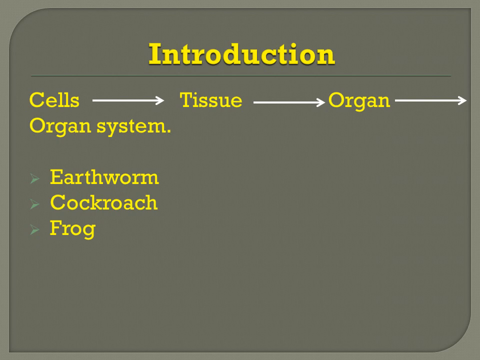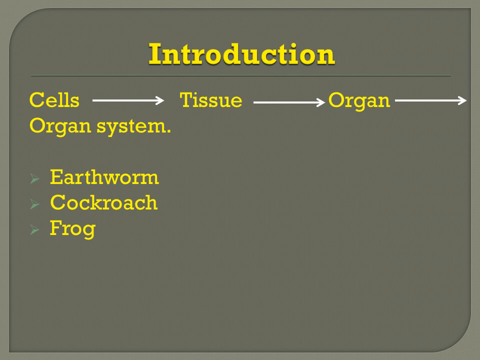We know a group of cells forms a tissue. In this chapter we are going to discuss organs and organ systems. A group of tissues forms an organ, and a group of organs forms an organ system, right?